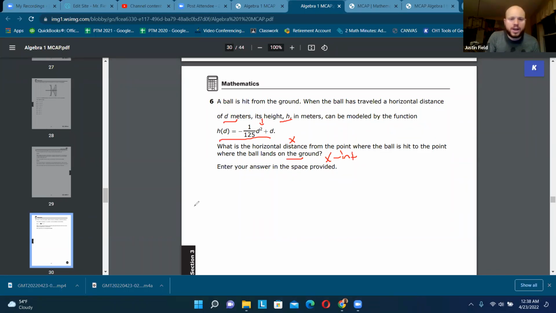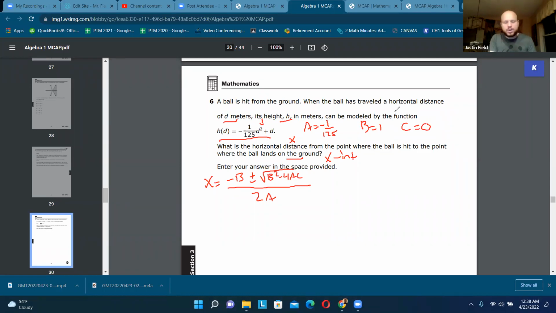Well, this is a great opportunity for us to use x equals negative b plus or minus the square root of b squared minus 4ac, all over 2a. So a equals negative 1 over 125, b equals 1, and c equals 0.